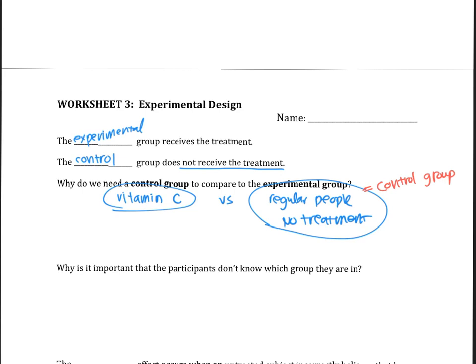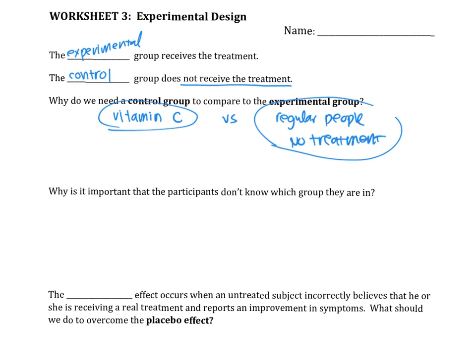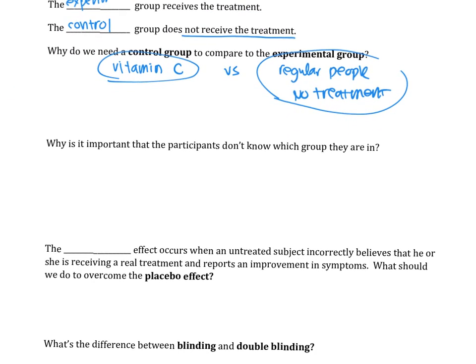Sometimes people improve their symptoms because they think they're getting a treatment. It's called the placebo effect. Basically it's a fake pill or fake treatment.